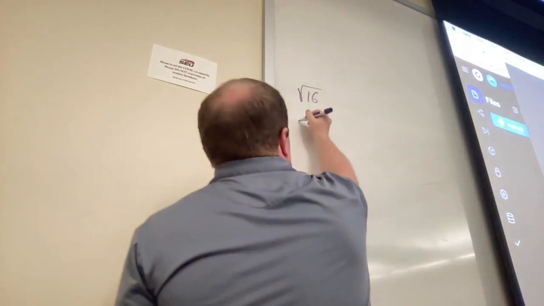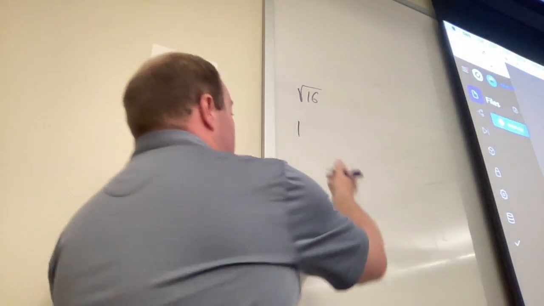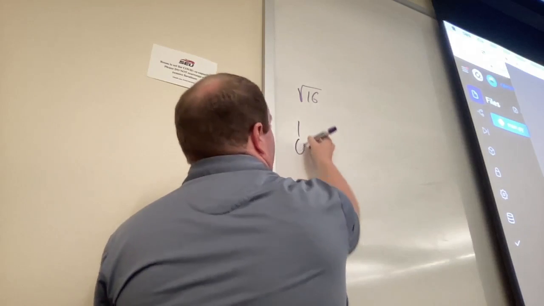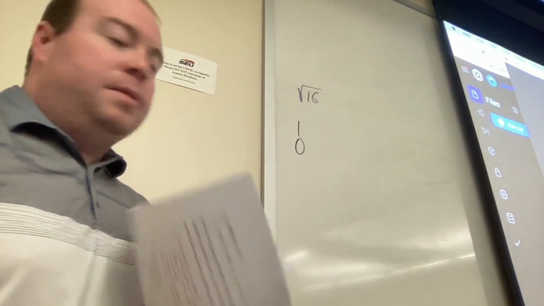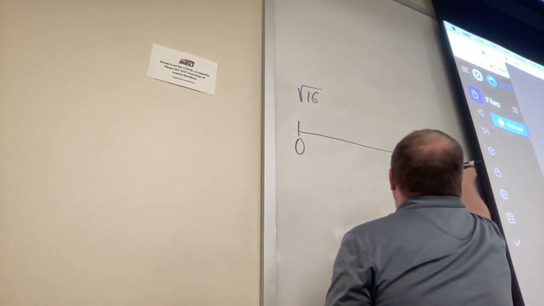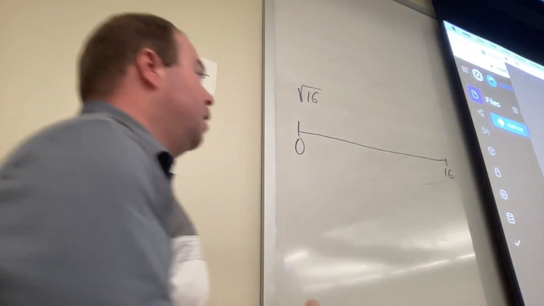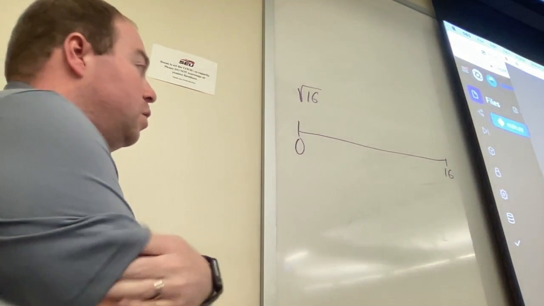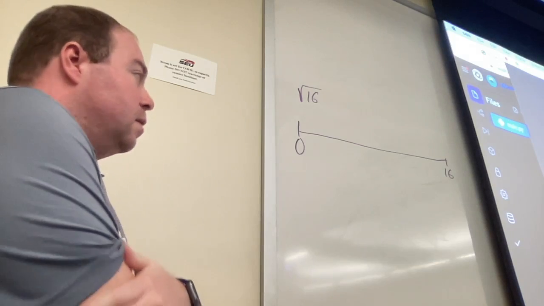We know square roots are positive, so we're not going to worry about complex numbers. So we're going to have our smallest value here to be 0. And then we're going to consider the highest value to be the input of the user. So the user wants to know the square root of 16.